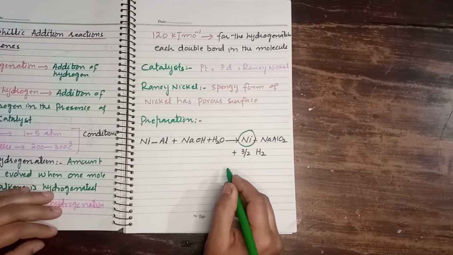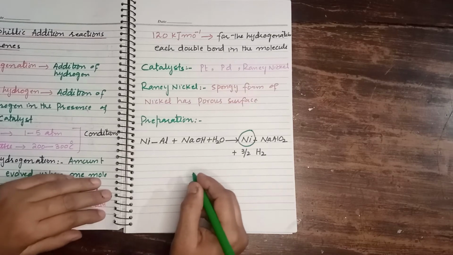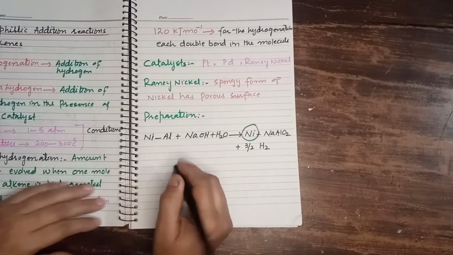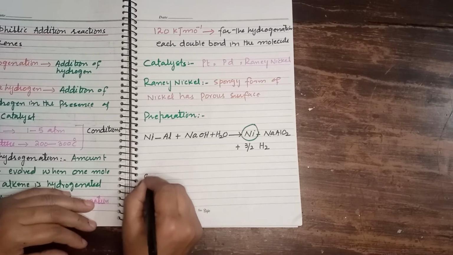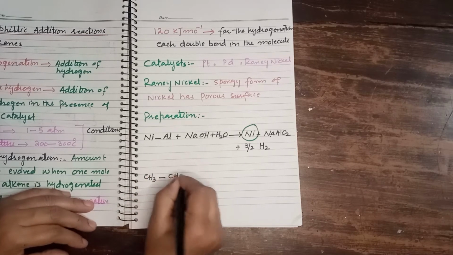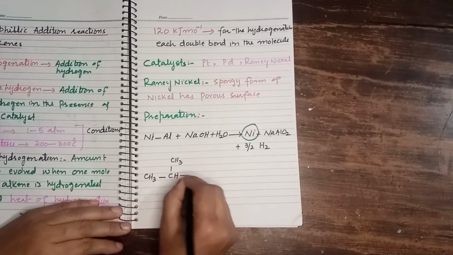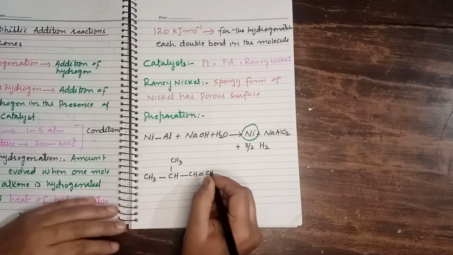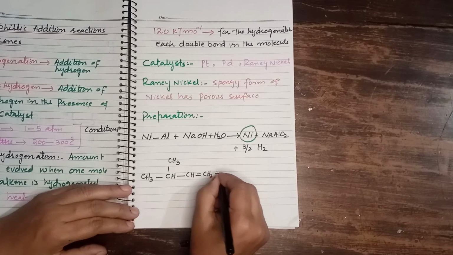Let's see some examples of hydrogenation. Suppose we have an alkene molecule, CH3, CH, CH3, CH double bond CH2, and we want to do hydrogenation of this molecule, right?